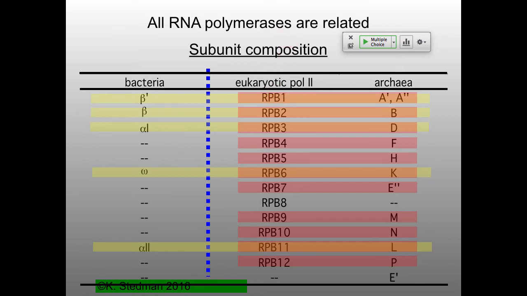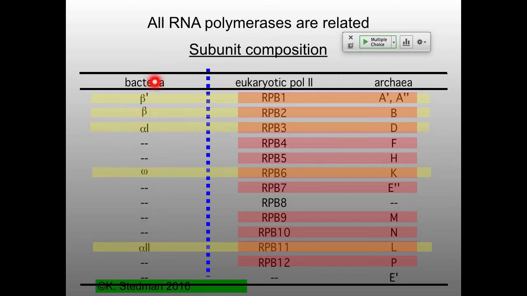A, B, and C are the genes that correspond to 1, 2, or 3. So if it was RPA, that would be from RNA polymerase 1. RPB is from RNA polymerase 2. RPC is from RNA polymerase 3. So just to give you some terminology there. Why they called them beta, beta prime, alpha, etc., don't ask. I'm not sure where that came from originally.